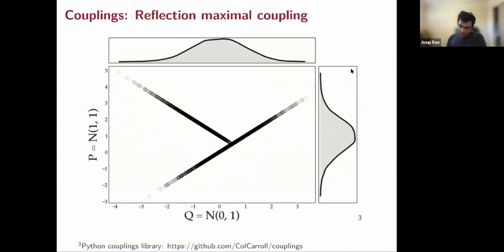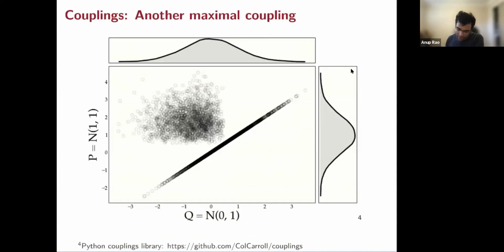If you are curious what kind of coupling it constructs, the reflection-based maximal coupling between two normal distributions with the same standard deviation but different means, say 1 and 0, is supported on just two lines, the diagonal and these two lines. Whereas if you do the coupling I described in the beginning, we get this kind of joint distribution.